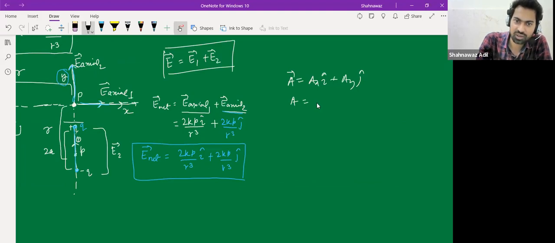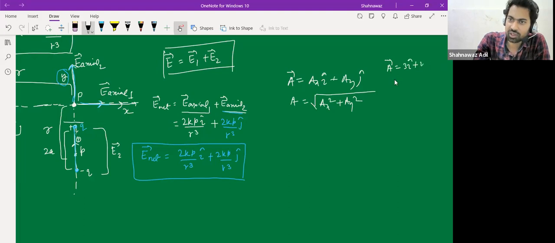We have discussed vectors in detail. Say you have the vector 3i plus 4j, what is its magnitude?